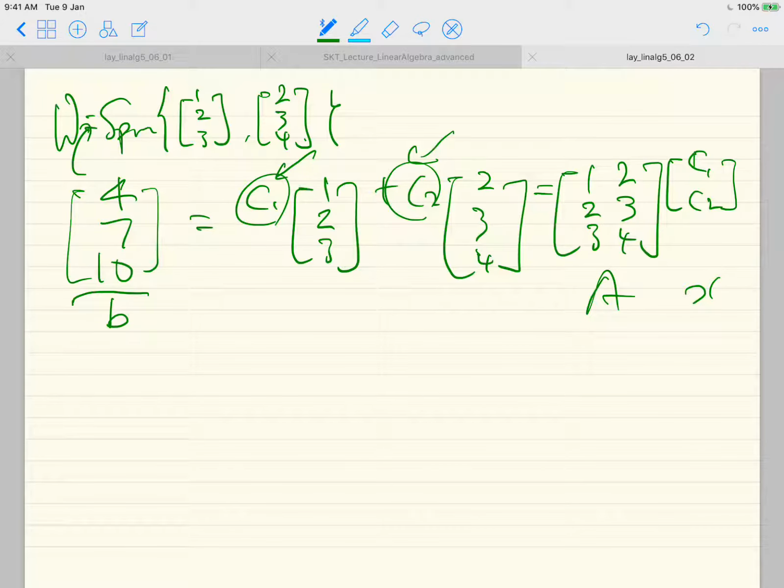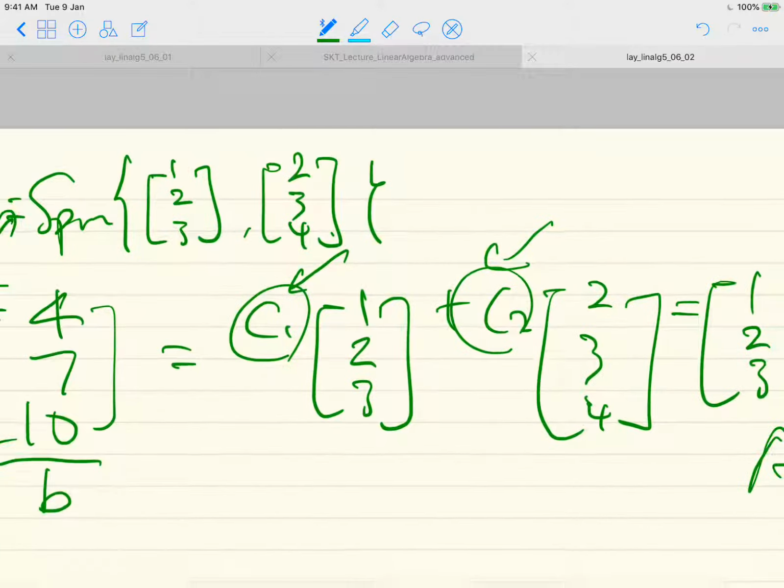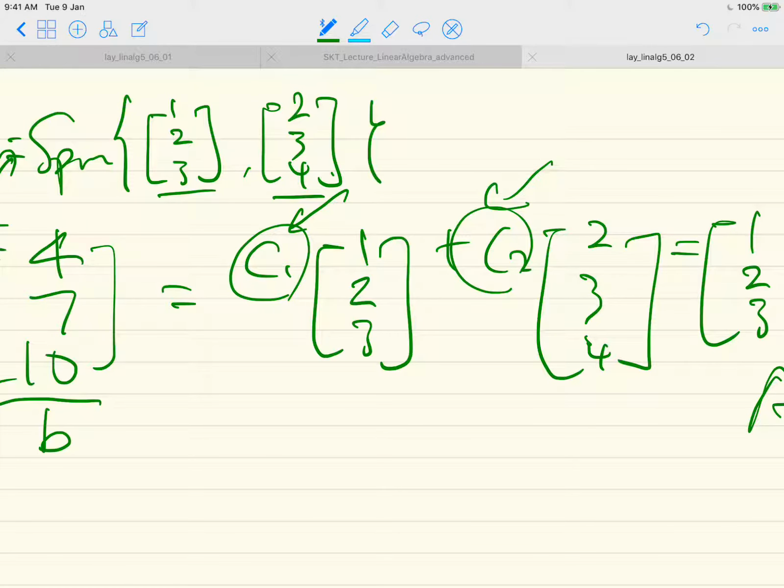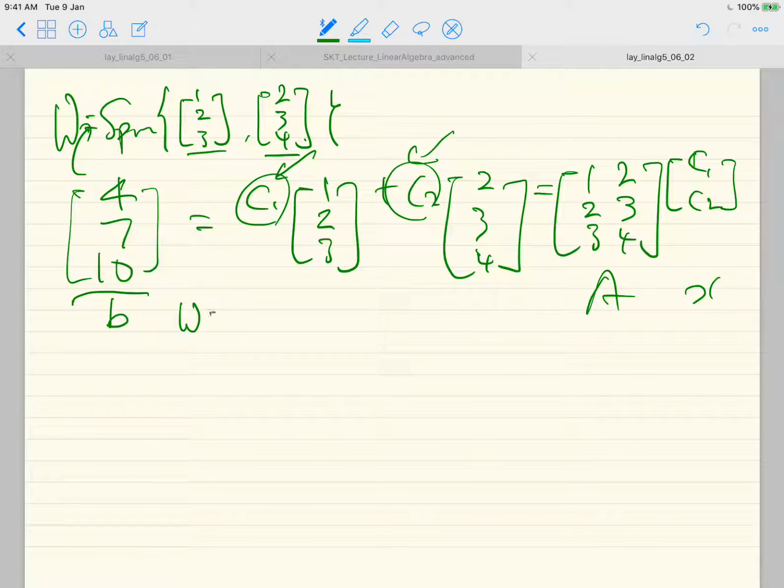And this Gaussian elimination is an iterative process, and it will involve a lot of steps. But what if our basis vectors are initially orthogonal to each other? In this case, let's consider this the new W, which is a completely different subspace, with vectors 1, 2, 3 and 2, 3.